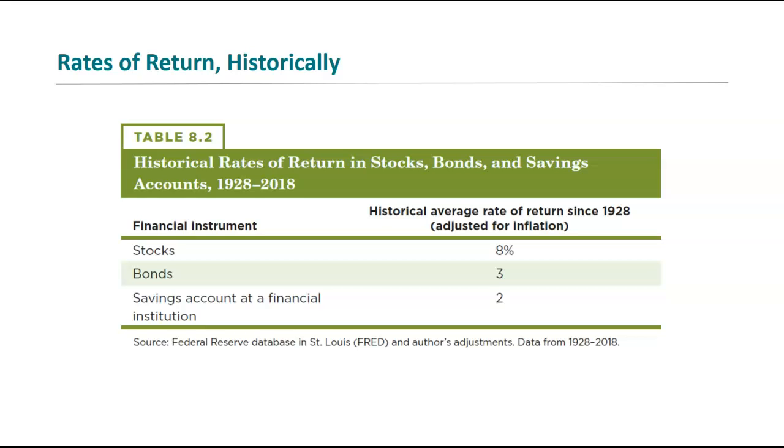Certainly the goal will be that you buy those things so that you make that money back by having customers, right? But the opportunity cost of all that money is what you could have earned if you'd invested that money somewhere else, right? So historical averages, stocks get a rate of return of 8%, bonds of 3%, some savings account of around 2%. So these are things to keep in mind as what you're giving up when you choose to put your money somewhere other than in the stock market.